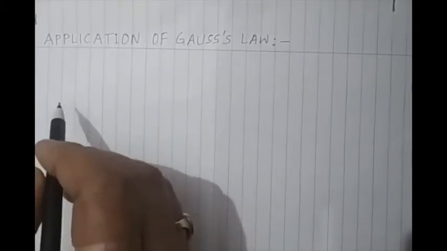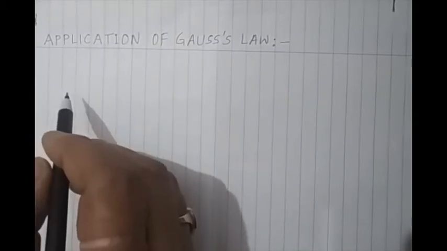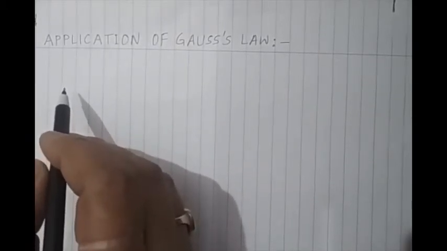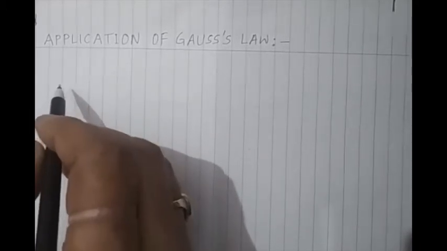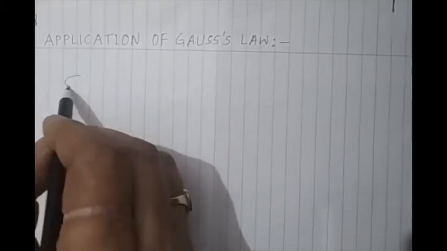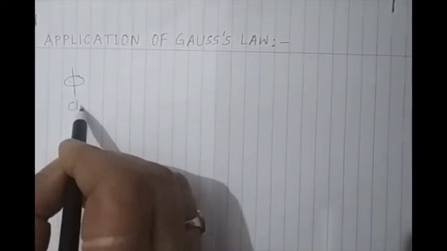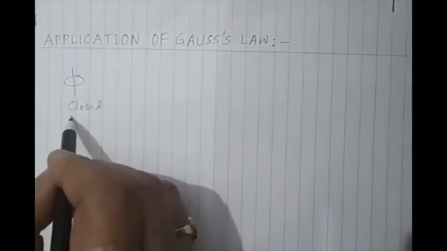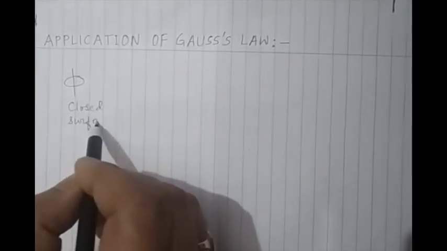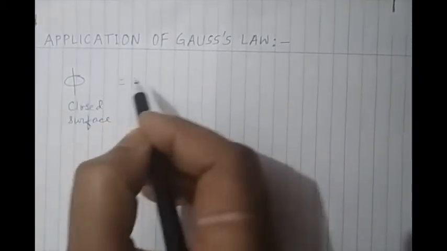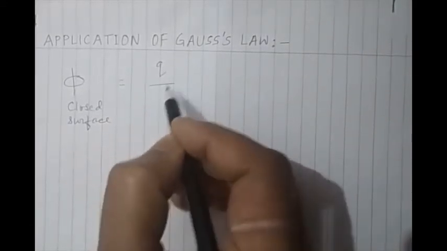You know that Gauss's law gives the formula of electric flux through a closed surface. Electric flux through a closed surface is equal to Q by epsilon naught.